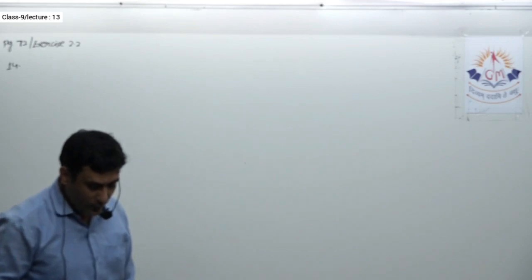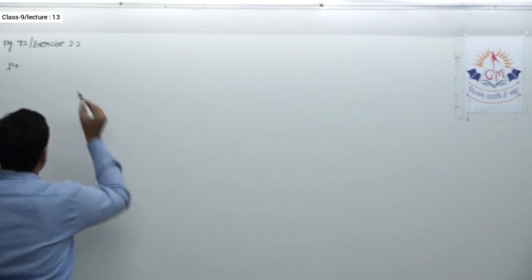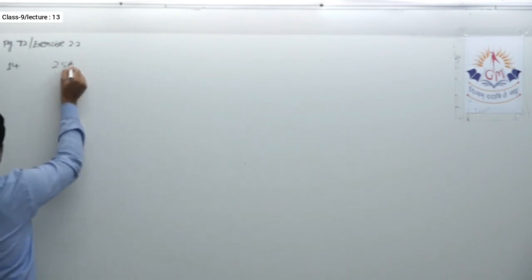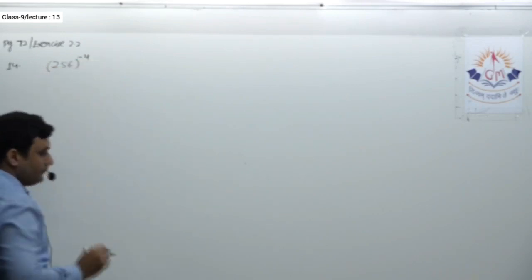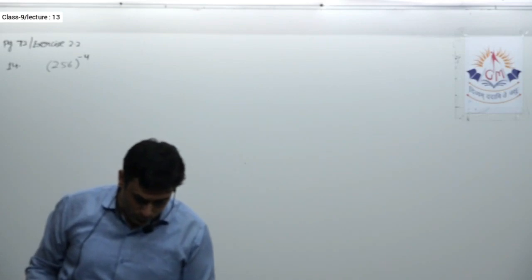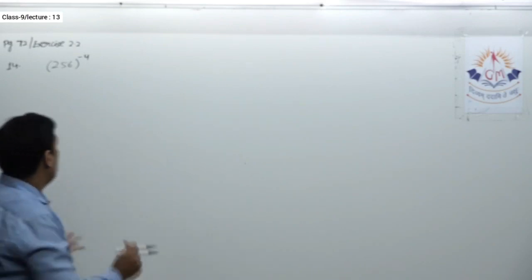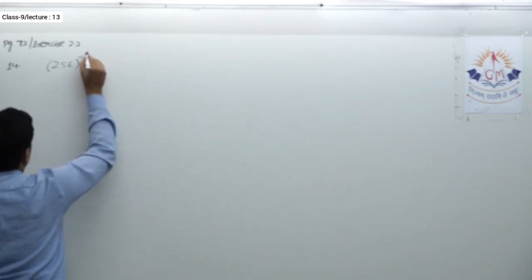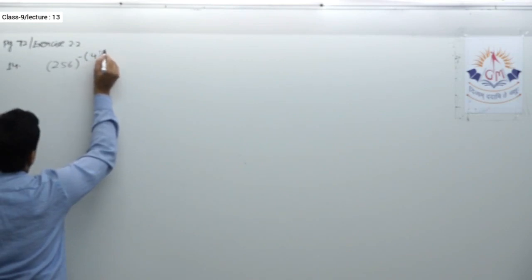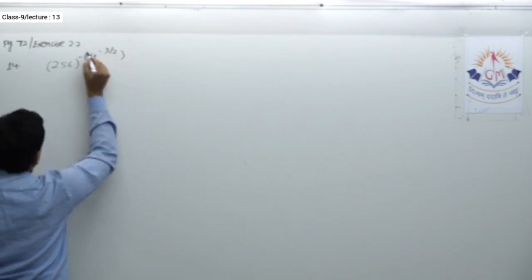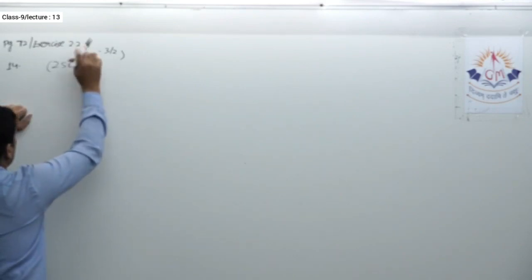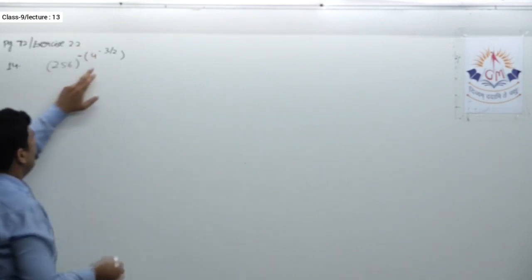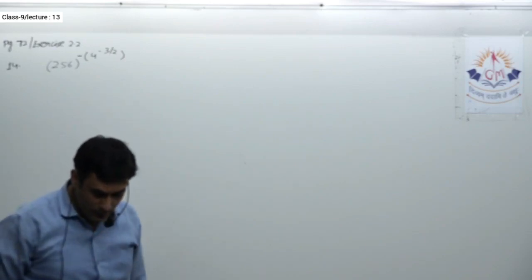Find the simplified value of 256 raised to minus 4 raised to minus 3 by 2, minus of 4 raised to minus 3 by 2. This we have to simplify: 256 raised to this minus, then 4 raised to minus 3 by 2.